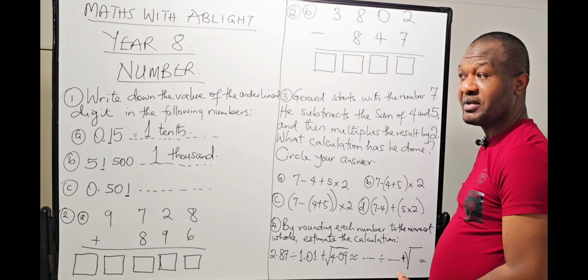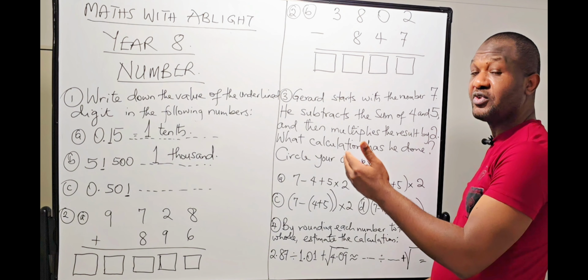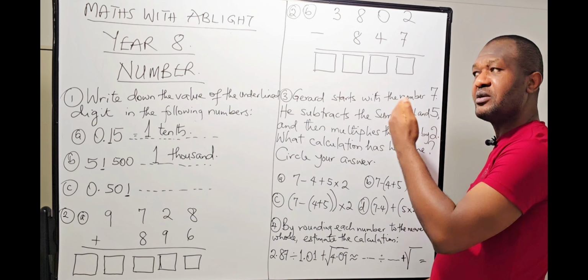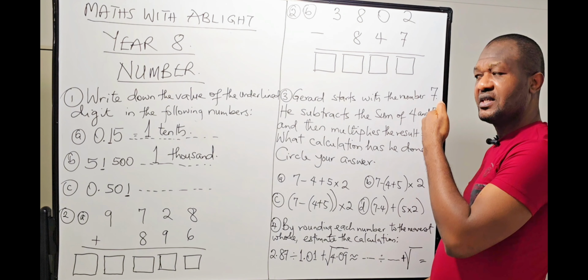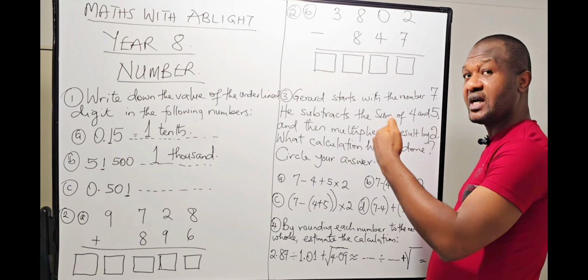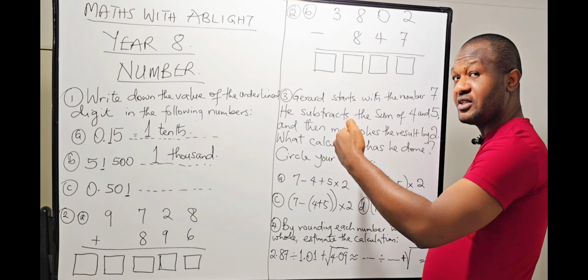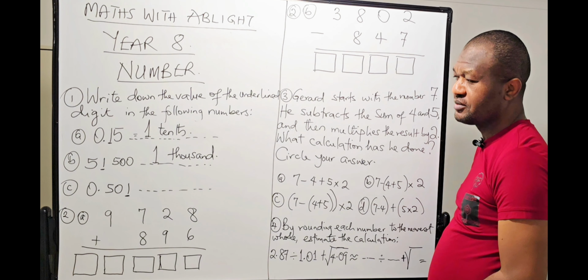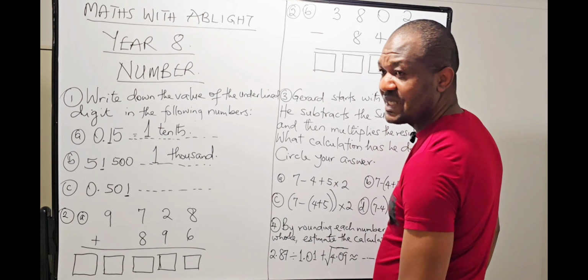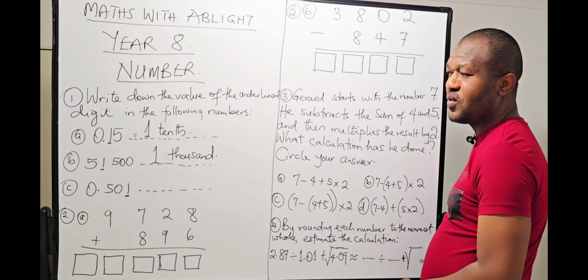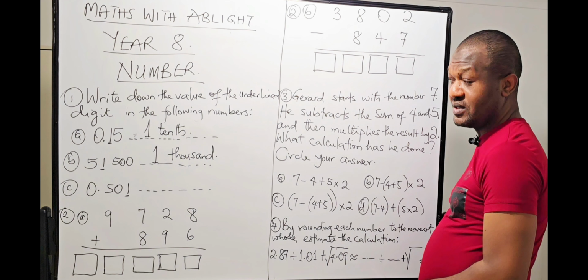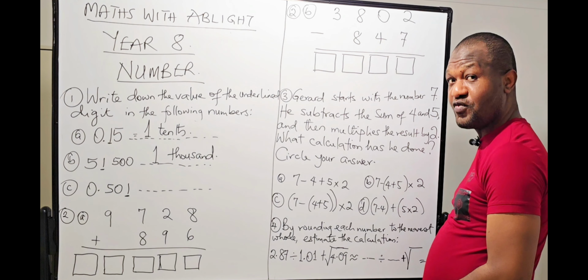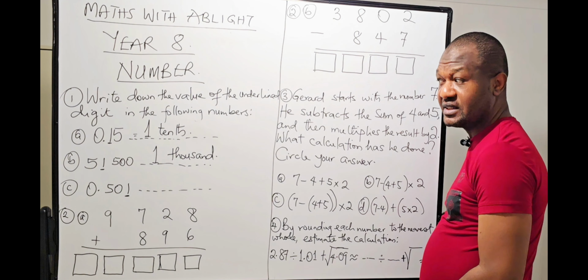If it is a number that has got no decimal point, you do not put a th. If it's got a decimal point, after decimal point, you've got to put a th, and you count them to the right. The ones that have got no decimal point, count them or name their place values towards the left. The third one is asking 0.501 with 1 underlined. What is the place value of 1? You start from after the decimal point.